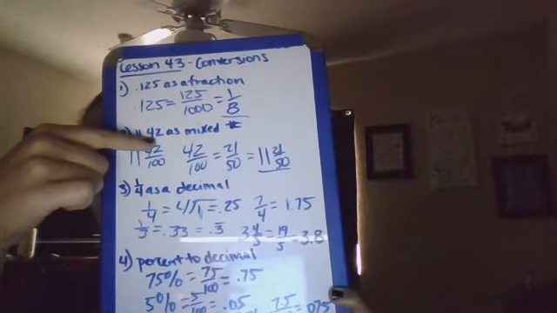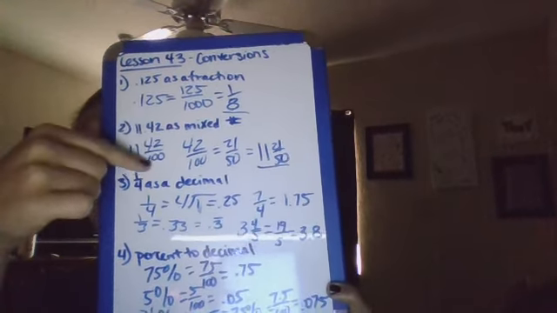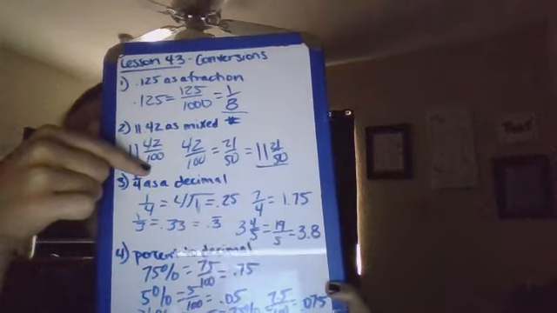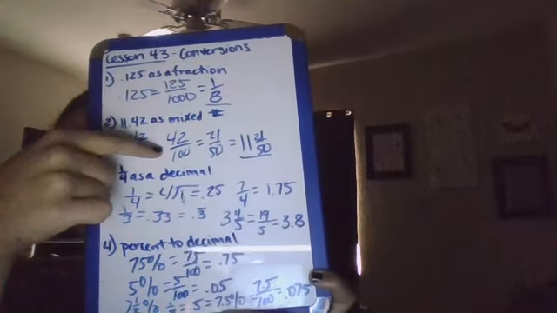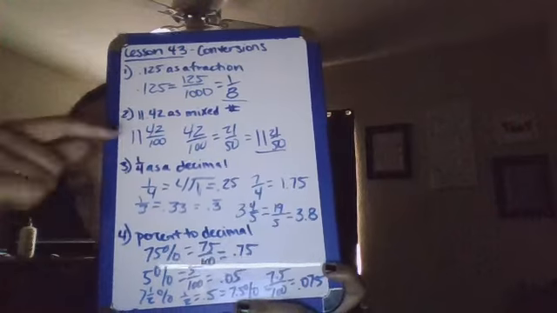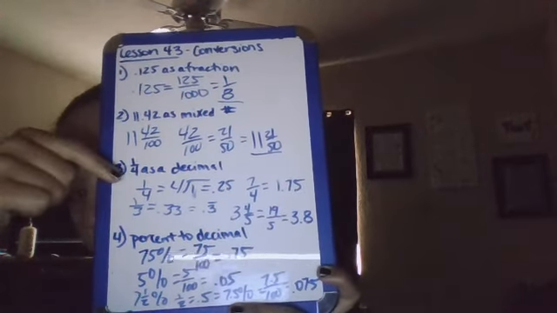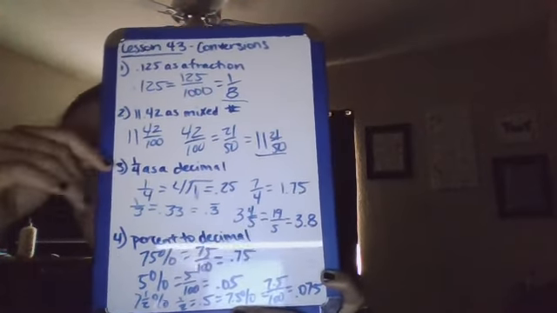The numbers after the decimal, again, go over whatever their place value is. So it's 42 over 100. And then we would reduce that fraction down to get our final answer.